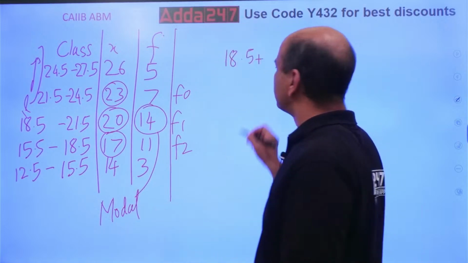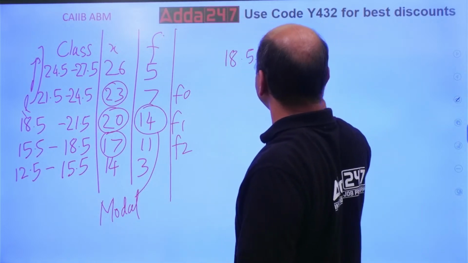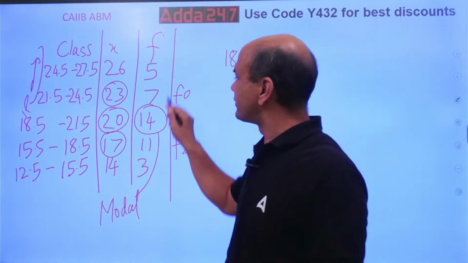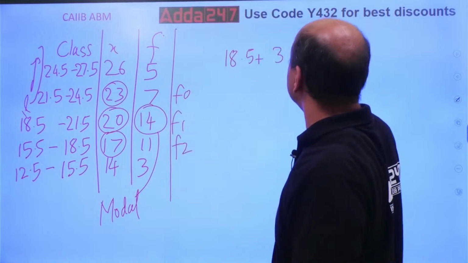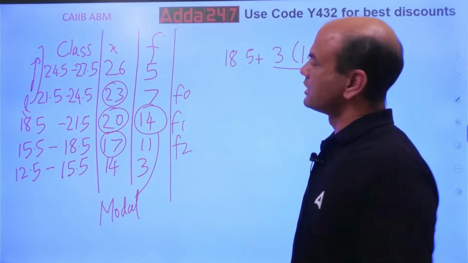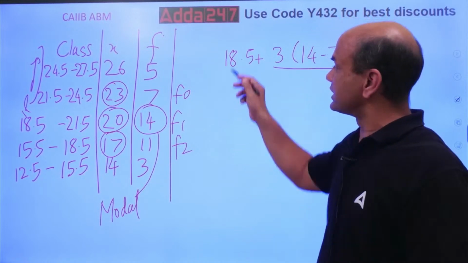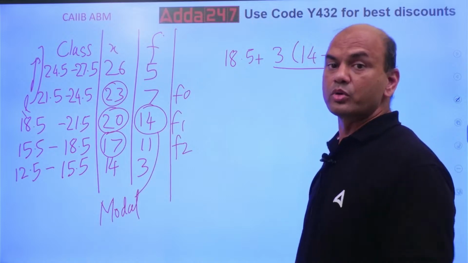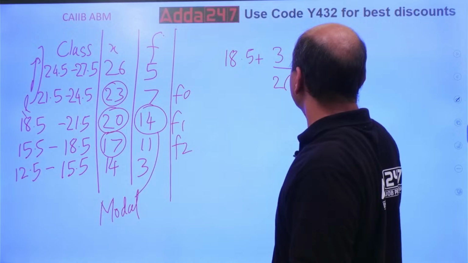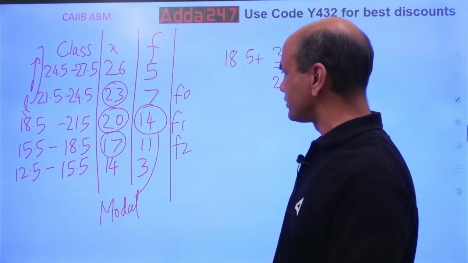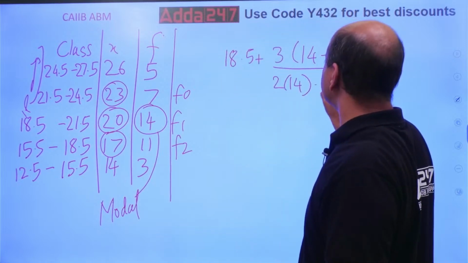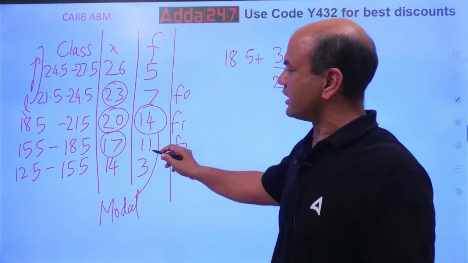What is H? 3. 3 is the width, right? 3 into F1 minus F0. What is F1 minus F0? This is the frequency, 14 minus 7. So 14 minus 7 upon this. Upon is only for this part, not for this 18.5. Upon 2F1, 2 into 14, minus F0. F0 is what? This 7. Okay. So 2 into 14 minus 7 minus this second F2.